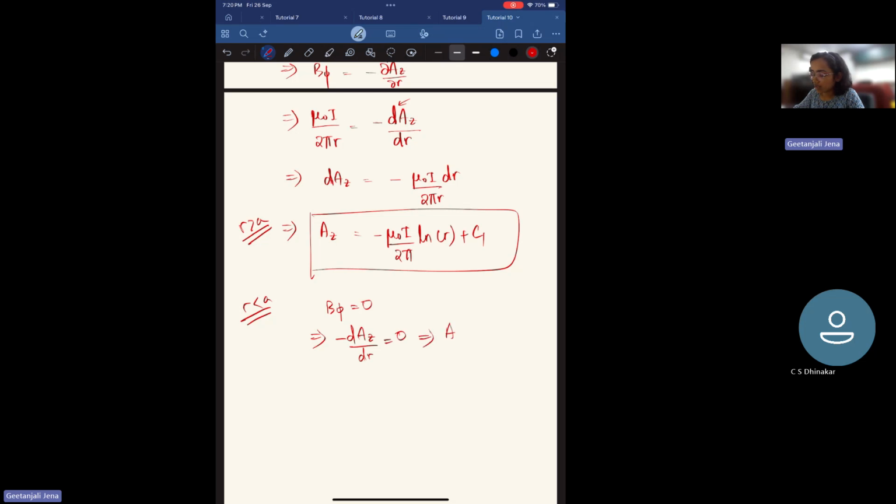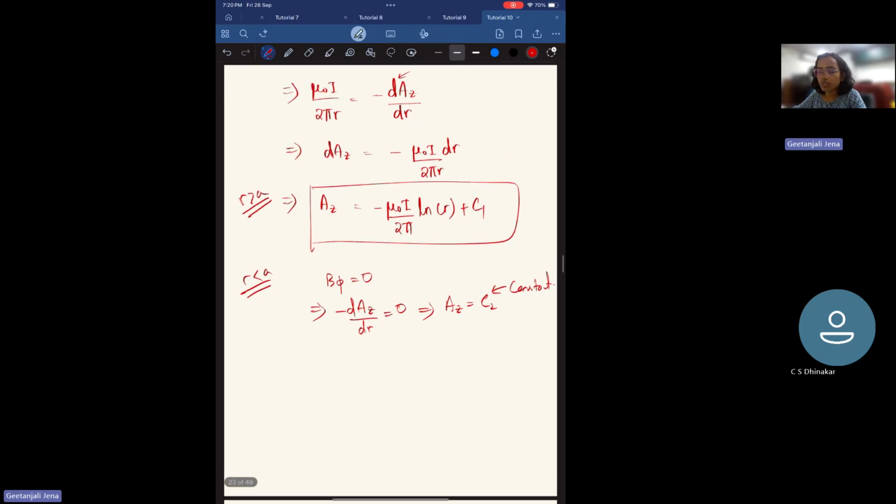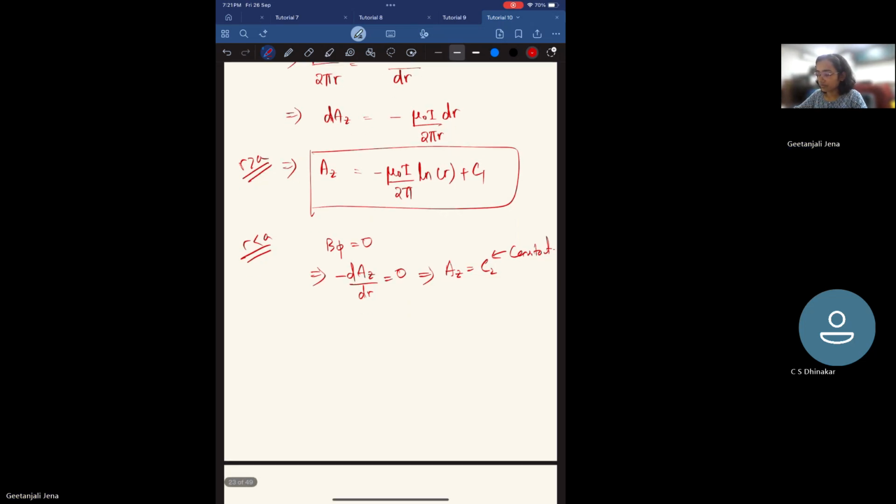So Az is some constant which satisfies this differential equation. To find the value of the constant, one thing you can do is put one of these constants as 0, and you can write the value of the other constant by equating the boundary condition. So for this case, you can either put C1 as 0 or C2 as 0, it doesn't matter.